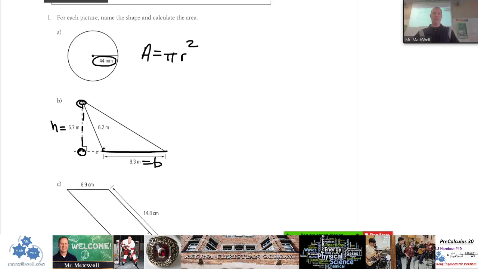This is not the height, like from here up to there. That's not the height. This is not the height, as you can probably tell. It has to go from the opposite point down to the side that's the base or an extension of the side. So that's where this gets a little tricky. But you can kind of see that the base and the height have to make a 90-degree angle here. The base length of the triangle and the height.